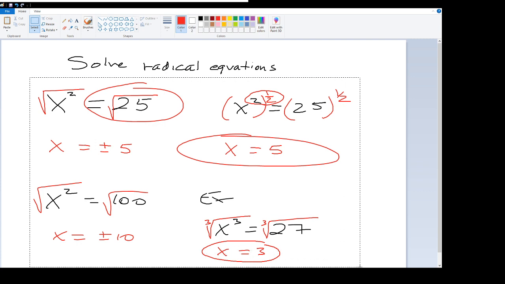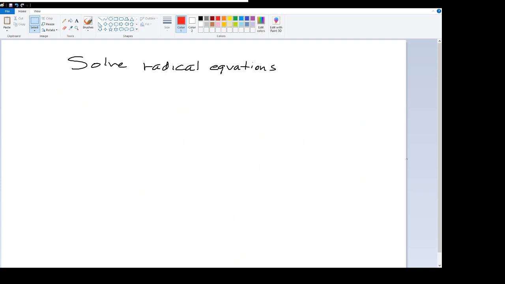So with this knowledge, let's look at one radical equation. Let's take this one, for example. It's hard to see. Let me make this a little bit bigger.